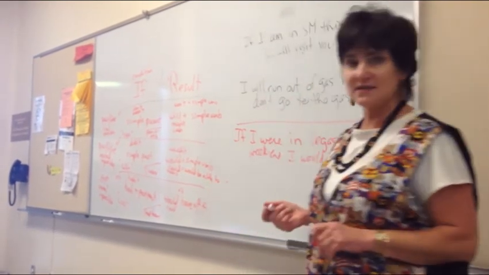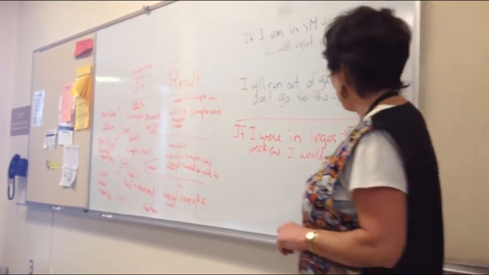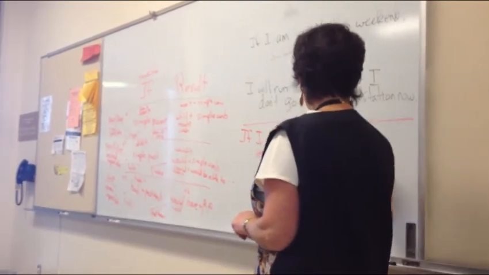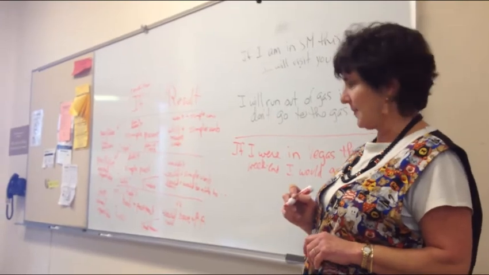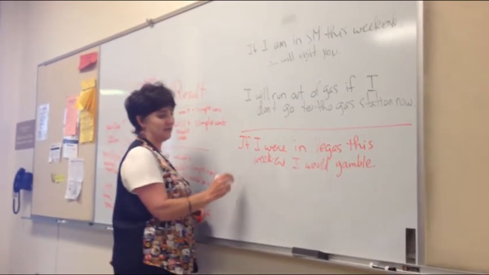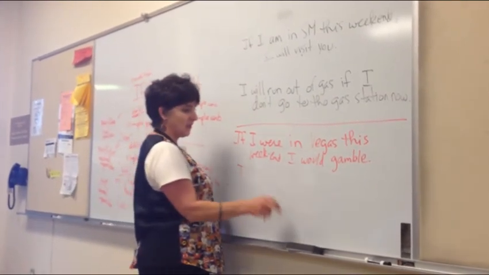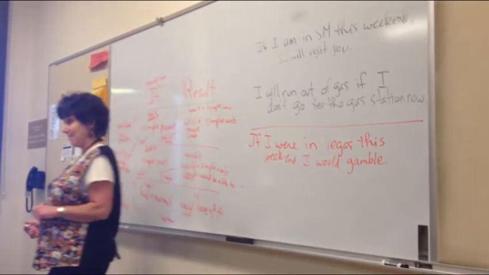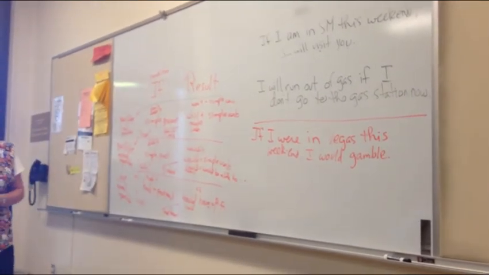What would I do in Vegas? I would gamble. Lose money. And lose all my money. So, if I were in Las Vegas this weekend, I would gamble. If I gamble, I might lose my money. That's a number one. If I gamble, I might lose all my money.